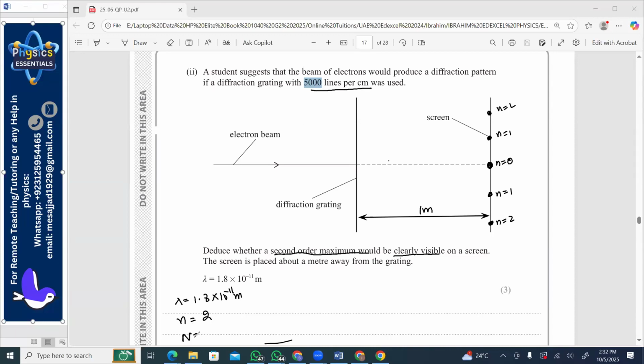So number of lines is 5,000 lines per centimeter, and d is equal to the reciprocal of the number of lines. So it will be just 10 raised to the power minus 2 divided by 5,000. Now this 10 raised to the power 2 is to convert cm to meters. So that is the data you have.